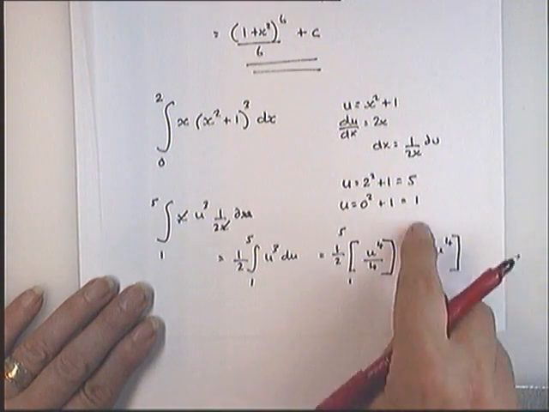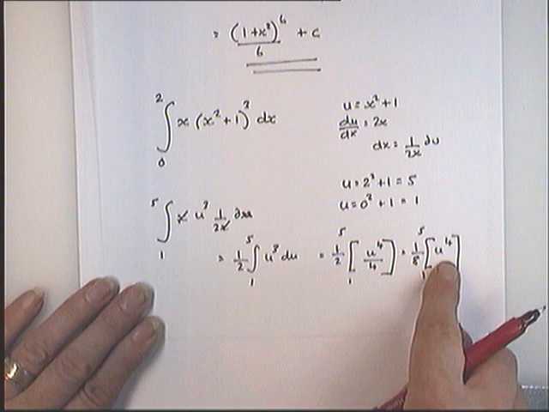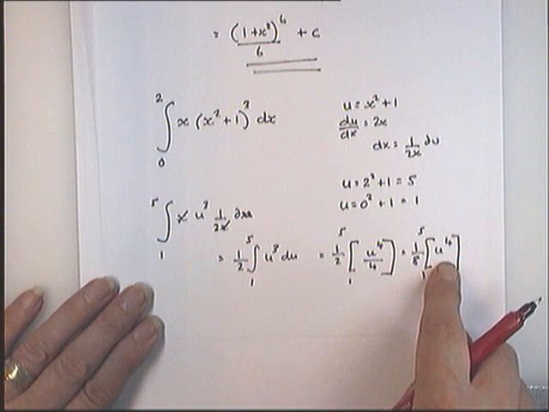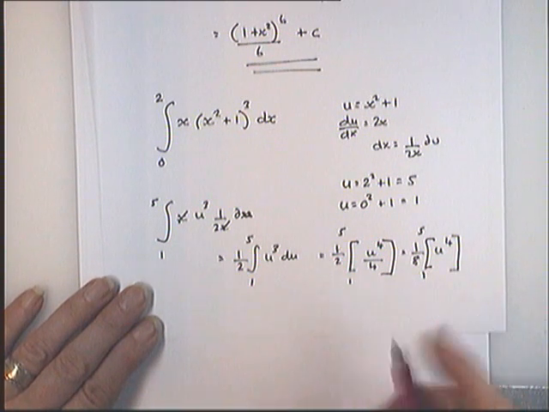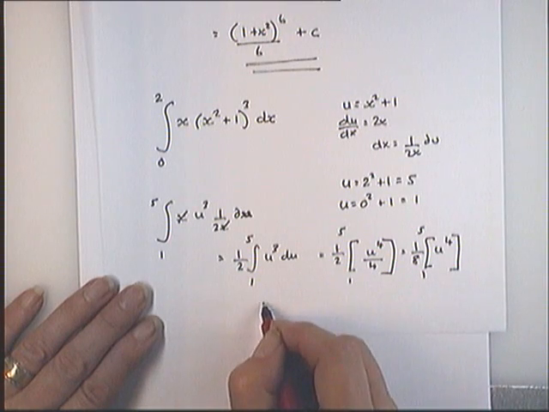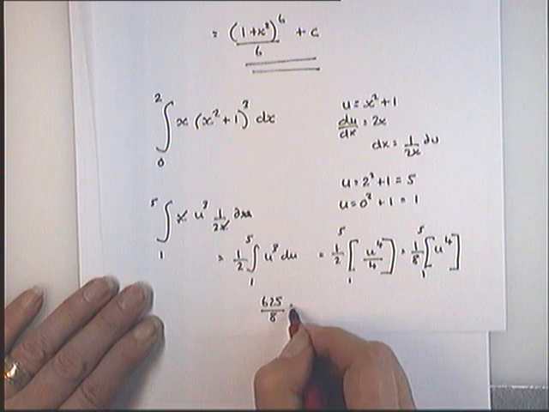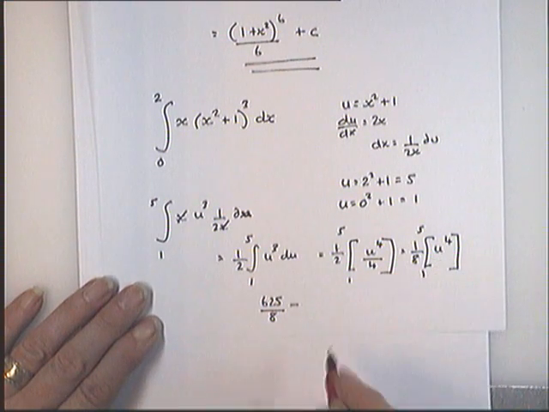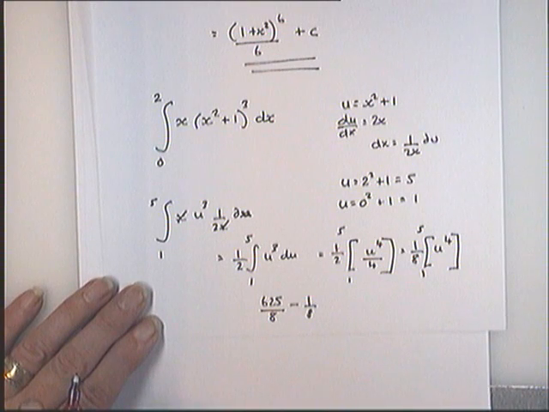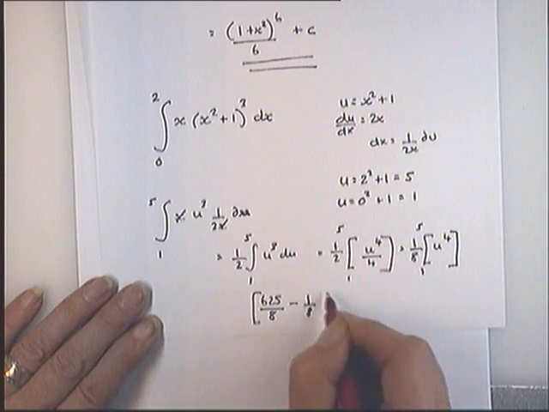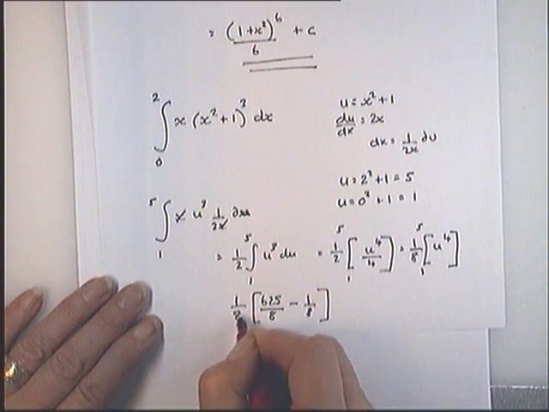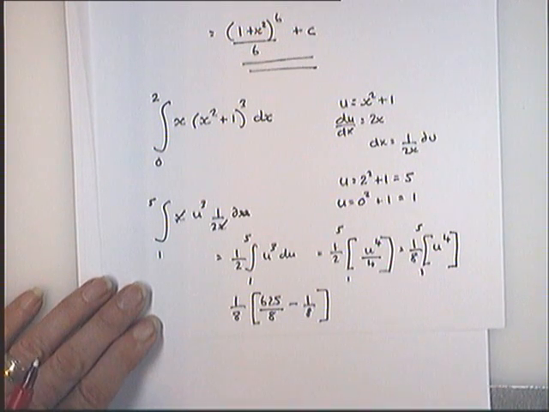These are now u numbers, so I don't need to substitute back in. So I've got 5 to the power 4 over 8, and 5 to the power 4 is 625 over 8, take away 1 over 8. That's inside the bracket, and all of that has to be divided by 8.